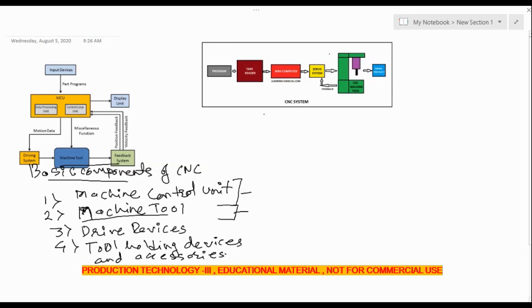In earlier cases, this was a paper tape reading mechanism. Now this is replaced by a standalone computer. So what is replaced? This complete system of mini computer along with a paper tape reader is replaced by a computer that we are using.